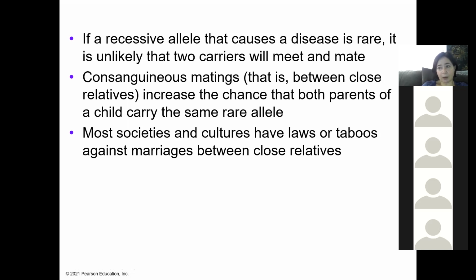Relatives can both be carriers, so there are increased chances of children having a genetic disease, even if it's rare. That's why a lot of cultures frown upon marriages within families.